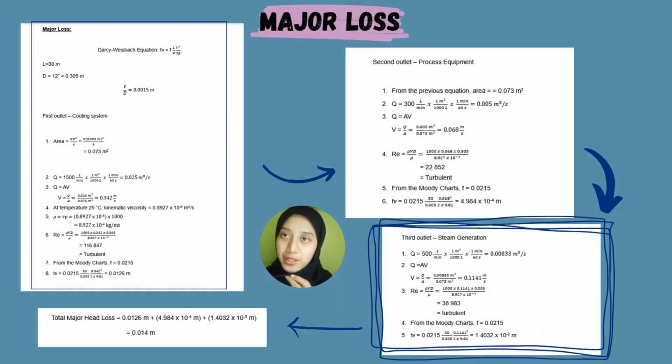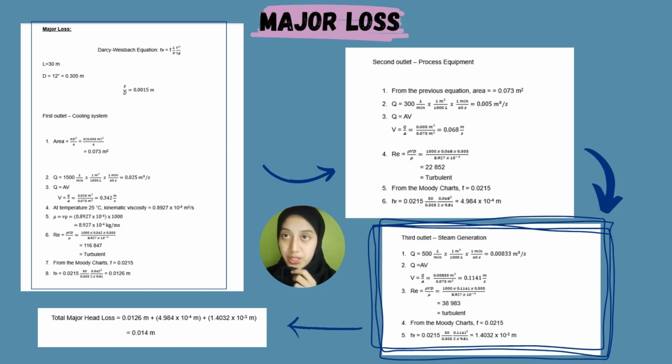After that, we have to find the Reynolds number, which is rho times V times D over mu. So 1000 times 0.342 times 0.305 over 8.927 times 10 to the power of negative 4, and we get 116,847, which is turbulent. Then from the Moody chart, we find the friction factor, which is 0.0215.